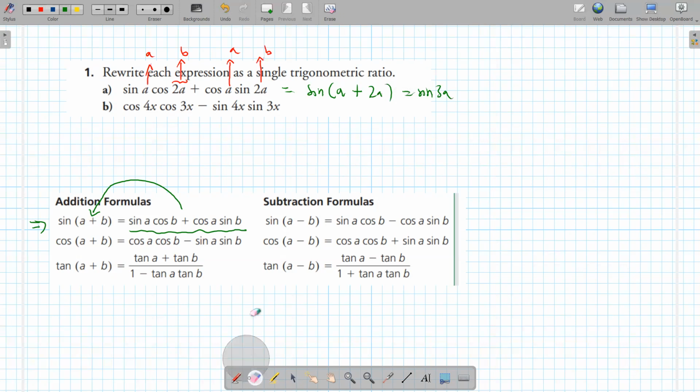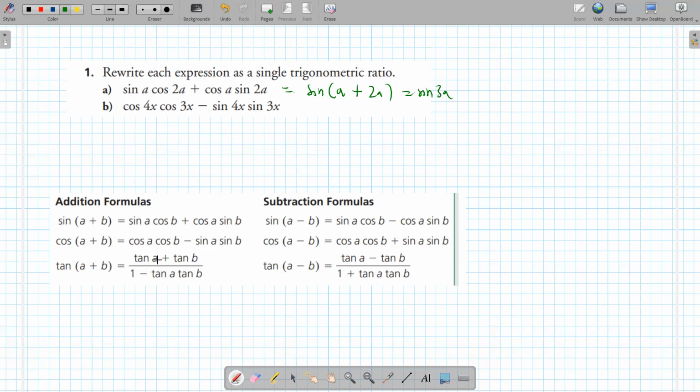What about the next question? Question B. Which formula are we looking at? Look at the pattern. It's cosine cosine minus sine sine.